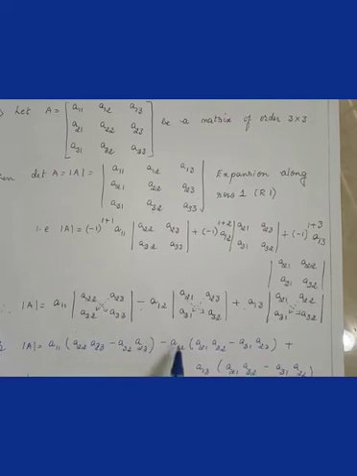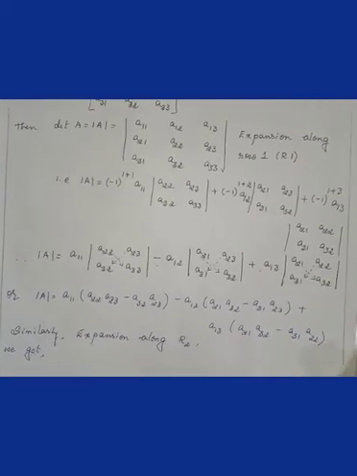Minus A12 into, first multiply the diagonal elements, then the non-diagonal elements, so A21 into A33 minus A31 into A23, plus A13 into (A21 into A32 minus A31 into A22).